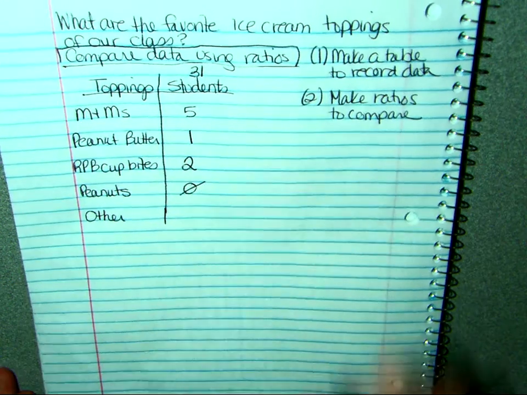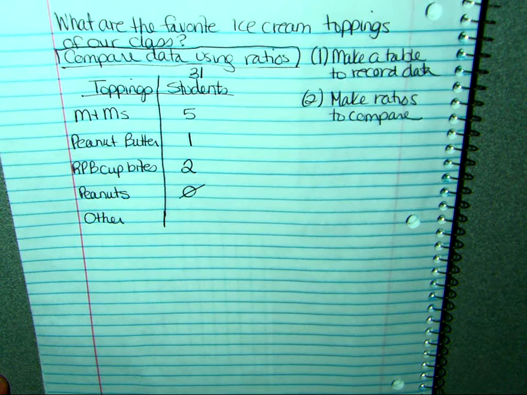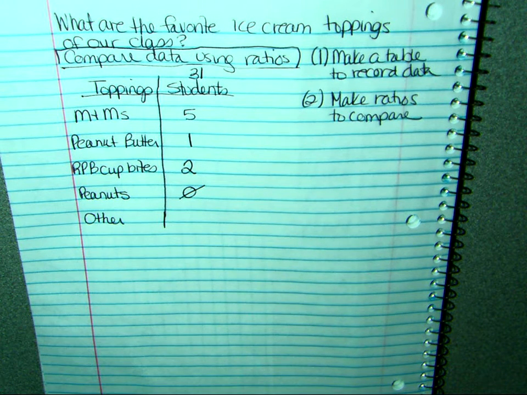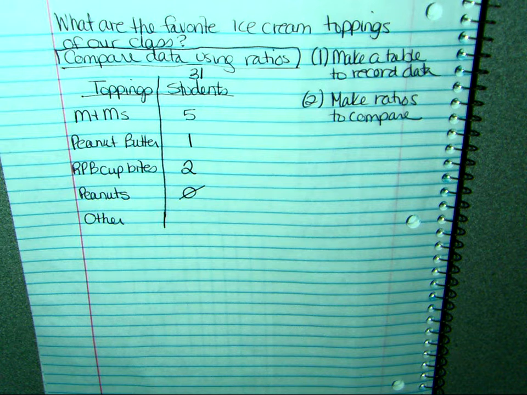We have no peanuts. And if you prefer other, raise your hand. Okay. I prefer chocolate. 1, 2, 3, 4, 5, 6, 7, 8, 9, 10, 11, 12, 13, 14, 15, 16, 17, 18, 19, 20, 21, 22.